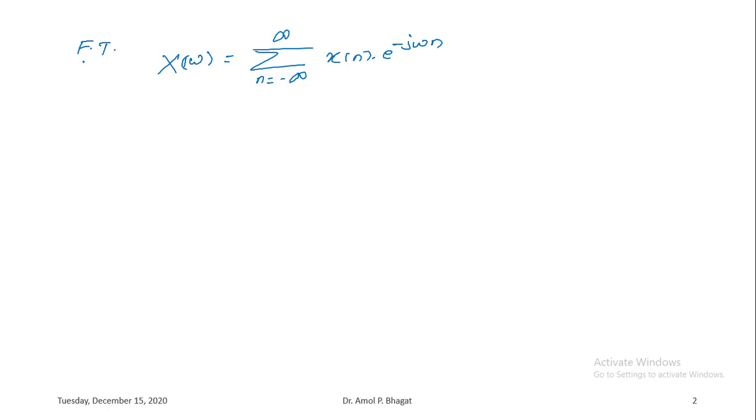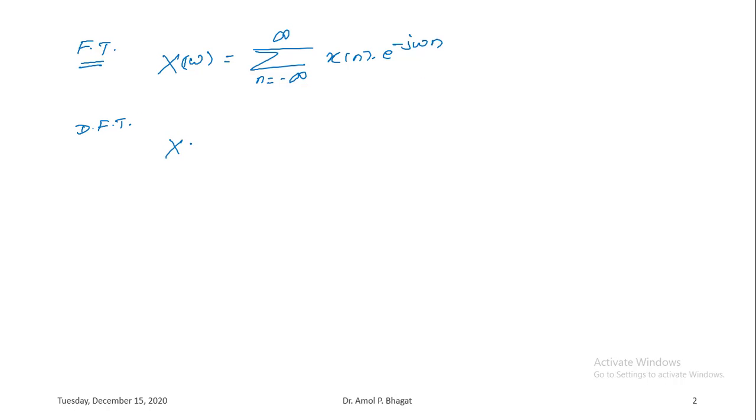But the problem with Fourier transform is that it is a continuous function and it requires more computations. Therefore we can use discrete Fourier transform.